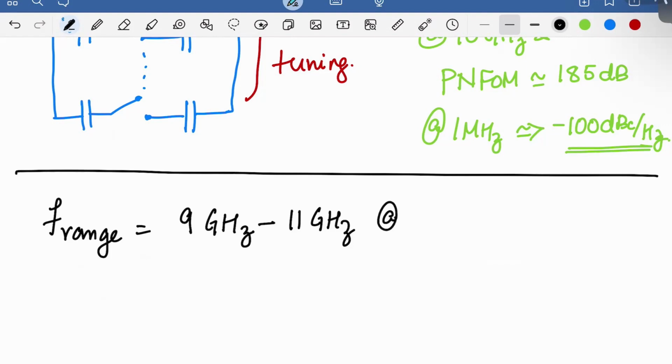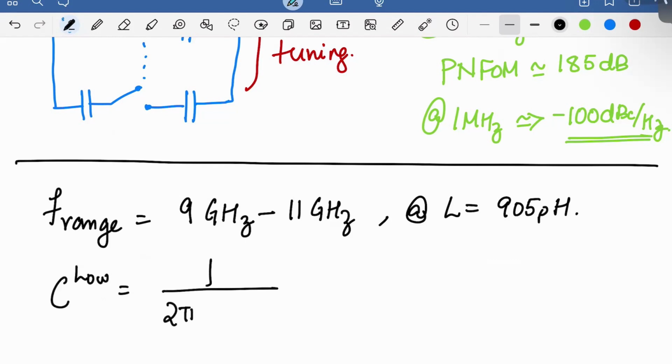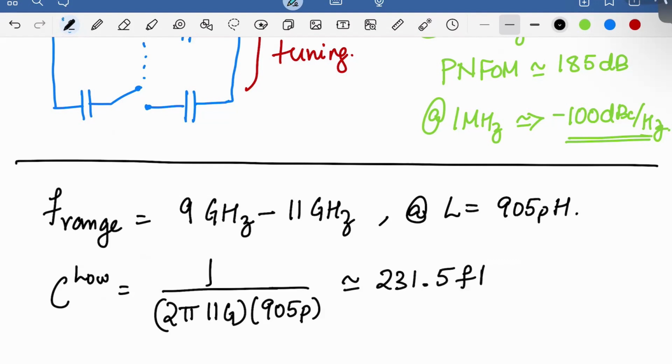Okay, so that's what we're trying to hit. So that means at PU's L of around 905 picohenry, right? We need the capacitance. The lower value should be 1 over 2 pi times 11 gigahertz times 905 pico, and that comes up to around 231.5 femtofarad.